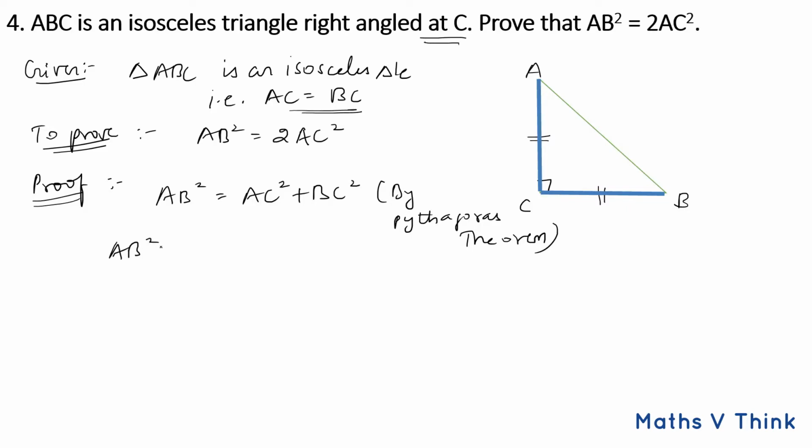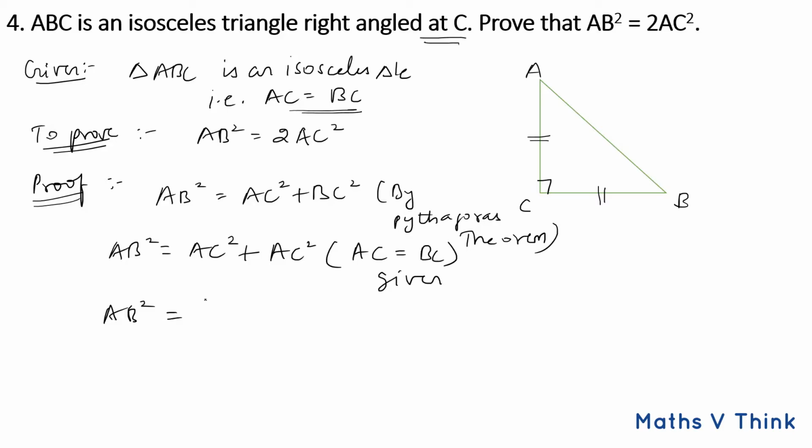So AB square is equal to AC square plus AC square. That is, we substituted AC is equal to BC, which is given. Now AB square is equal to AC square plus AC square, which is equal to 2AC square. So we got the proof, that is AB square is equal to 2AC square, hence proved.